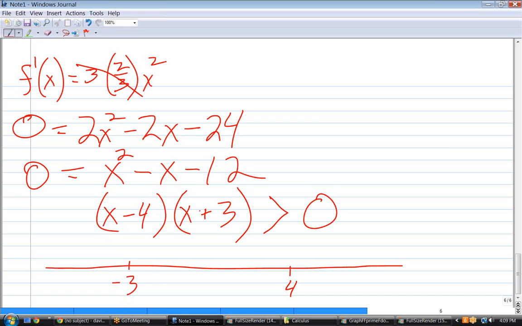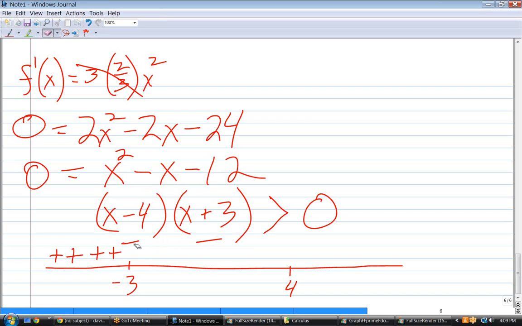And then the only thing you really have to know is what the sign of each of these linear functions are. So minus 5, this would be negative. Minus 5, that would be negative. Negative times negative is positive. That means everywhere to the left of minus 3 is going to be positive.